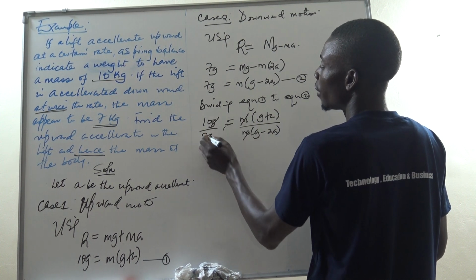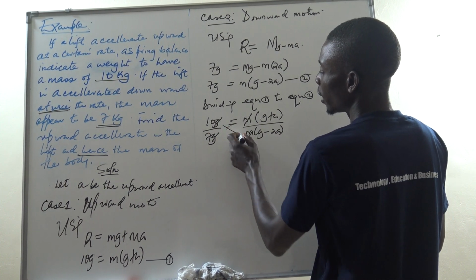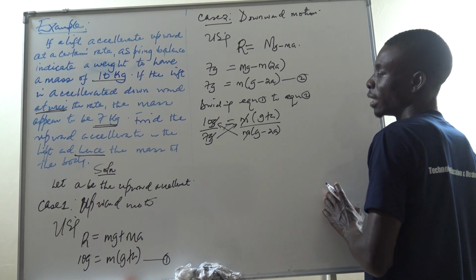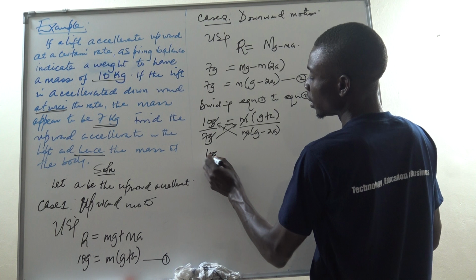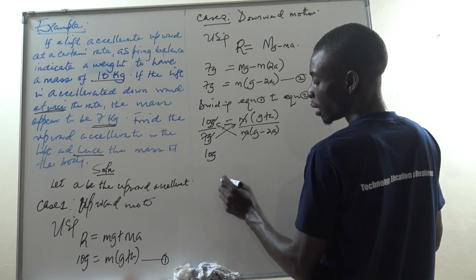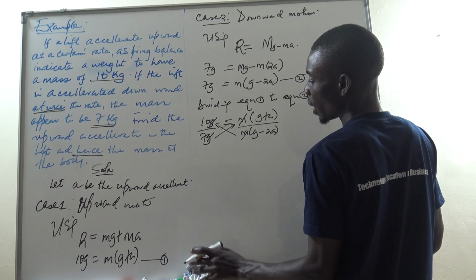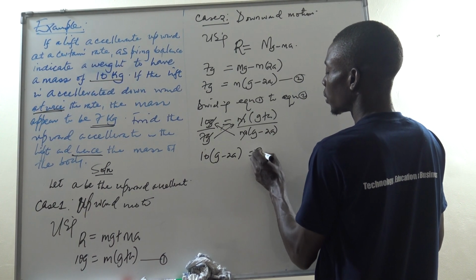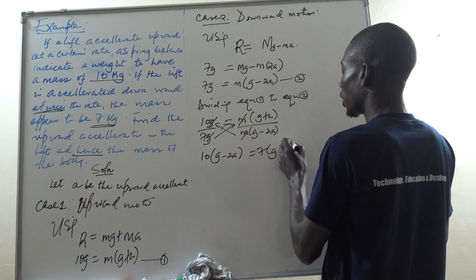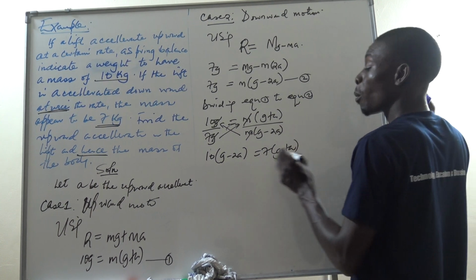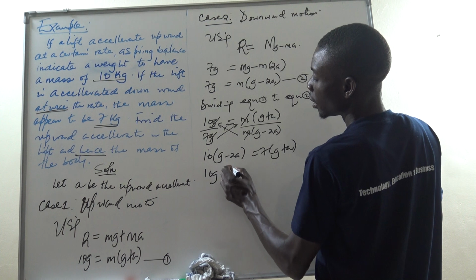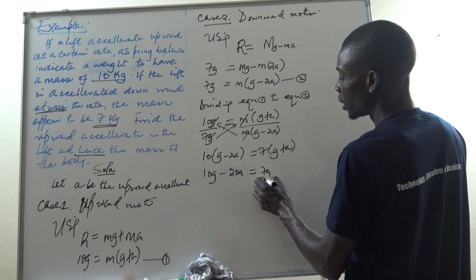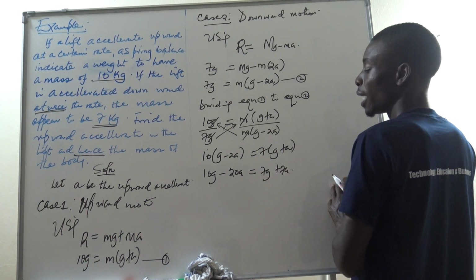The m cancels, and then we can cross multiply. Or I can work step by step: 10 into (g minus twice a) equals 7 into (g plus a). So I can now open up: this is 10g minus 20a equals 7g plus 7a.